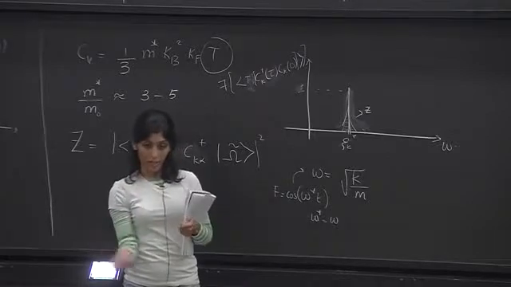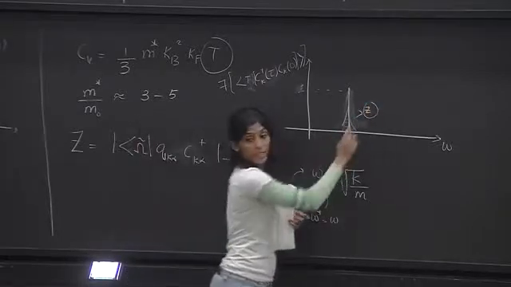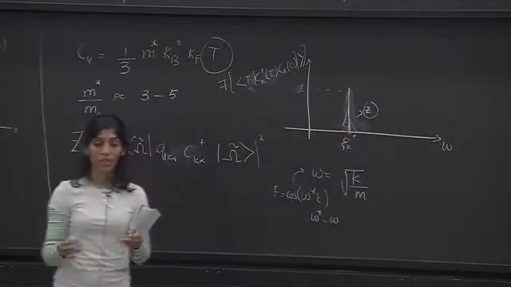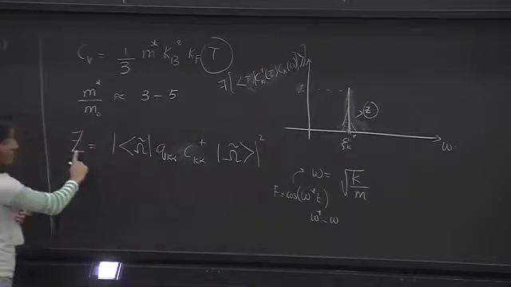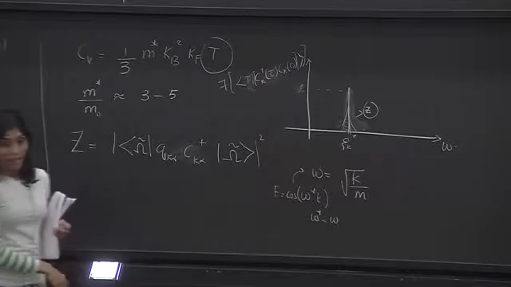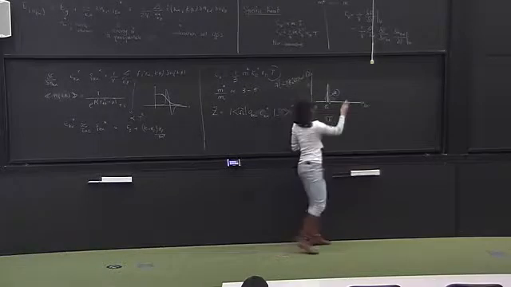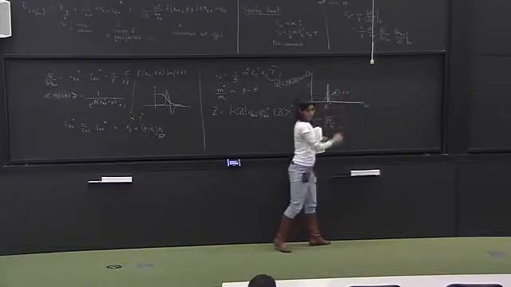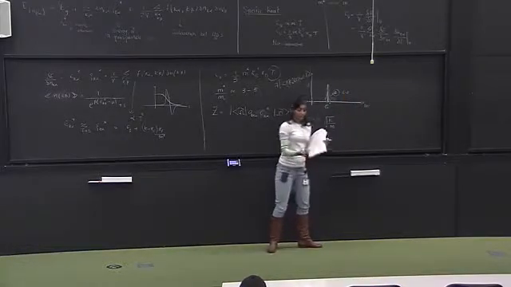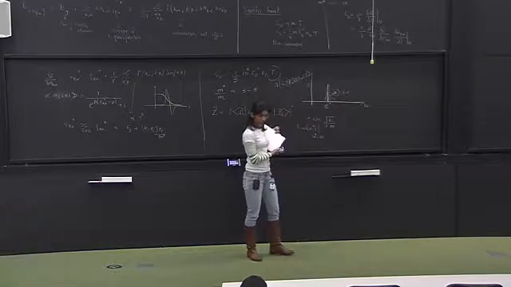But the measure of interactions is in how big Z is. If Z is very close to 1, it's almost like the non-interacting problem, because Z equal to 1 was exactly non-interacting. If it's very far away from 1, typically somewhere between 6 and 8, then it's telling you that interactions have actually modified this.